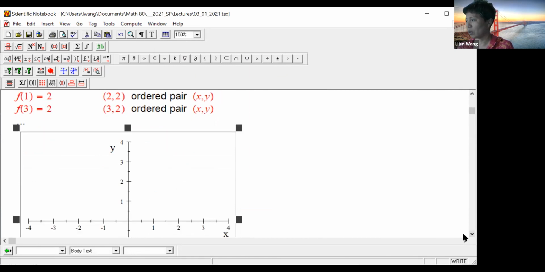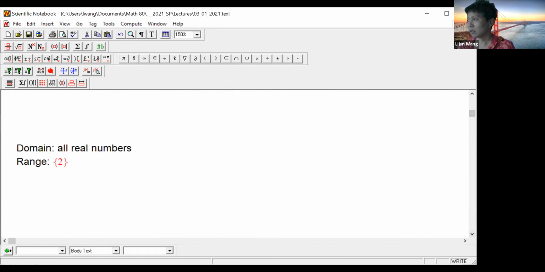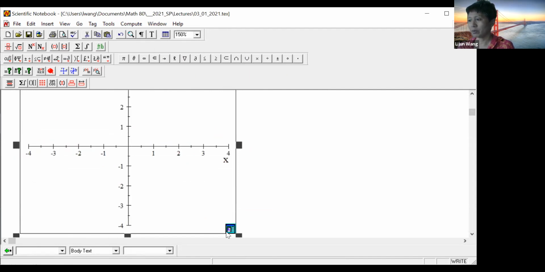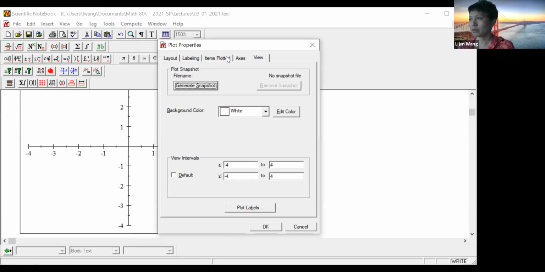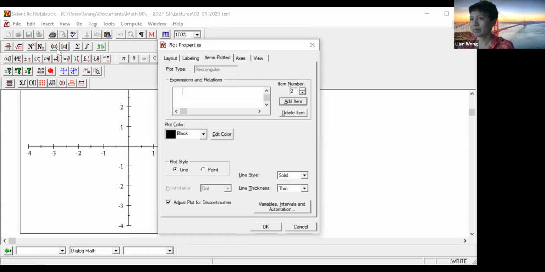I'm going to put all these dots and mark them for you, and you guys do the same. 0, 2 is a red dot. And the next ones are negative 2, 2; negative 1, 2; 2, 2; 3, 2.